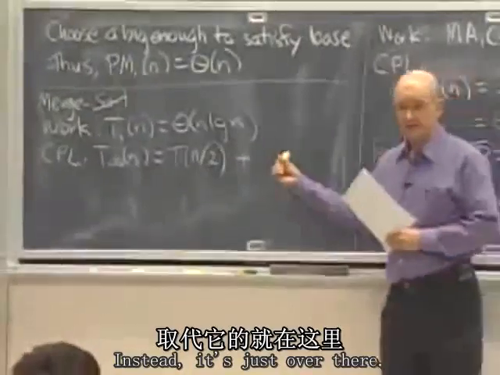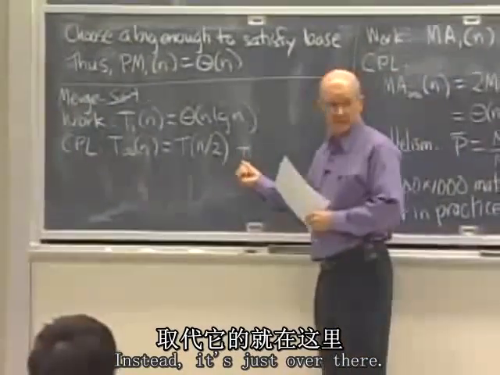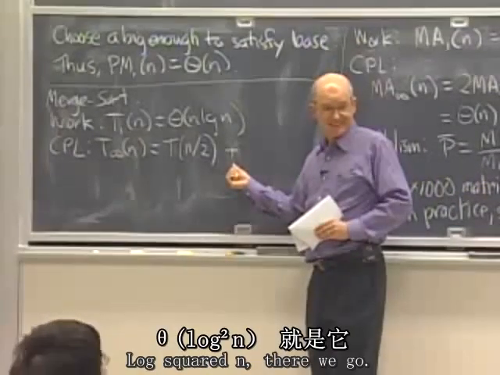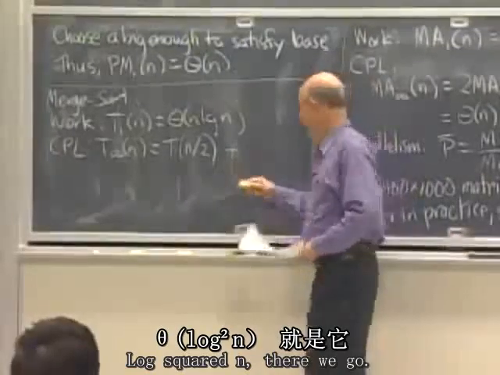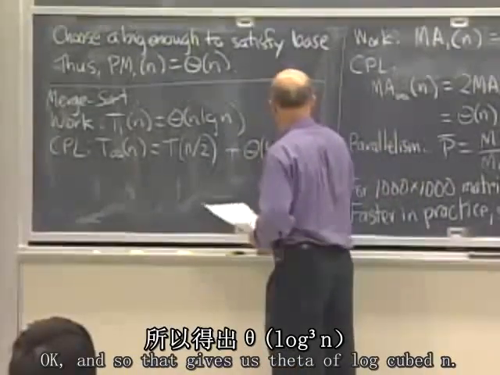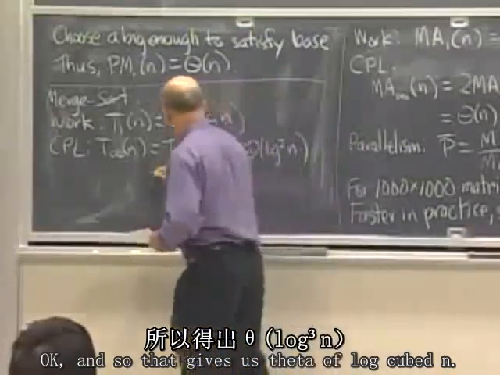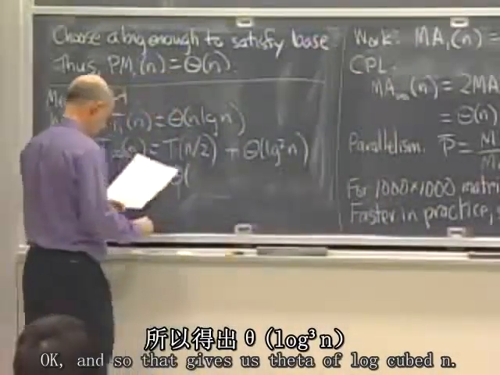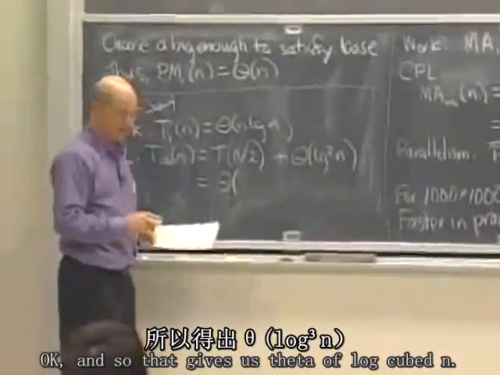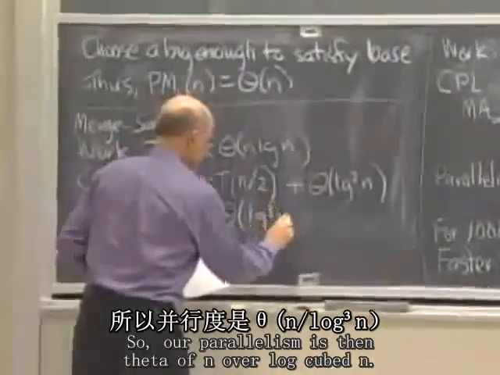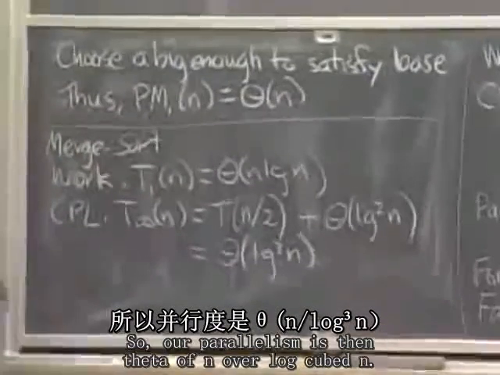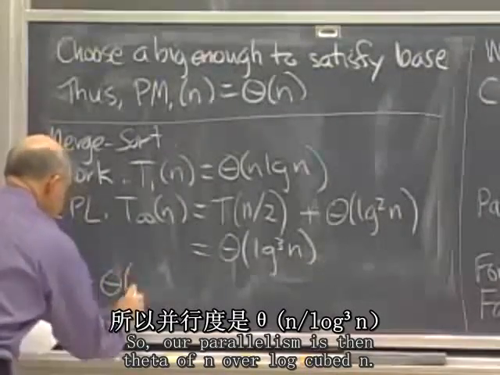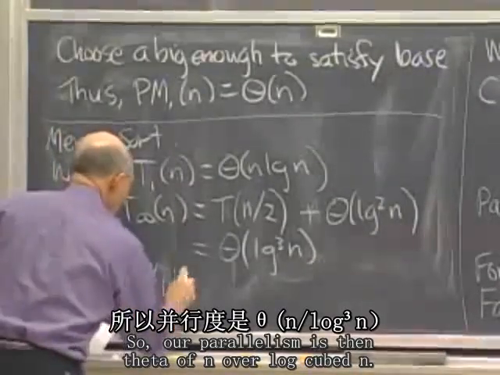Instead, it's log squared n. And so that gives us theta of log cubed n. So our parallelism is then theta of n over log cubed n.